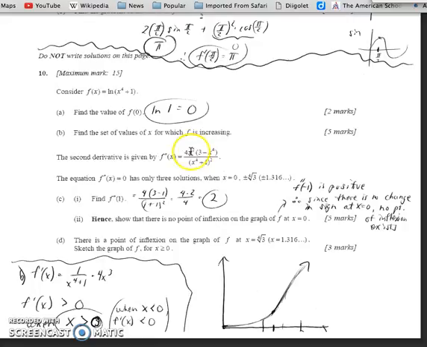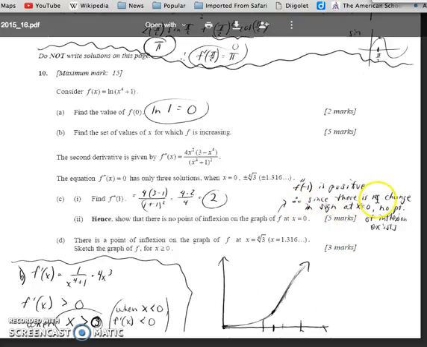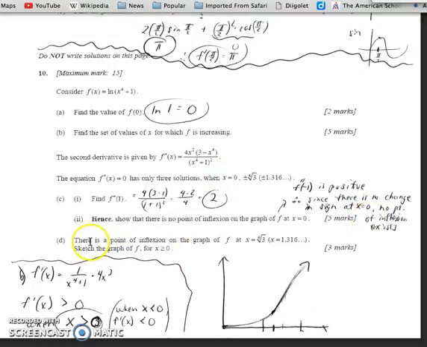That's going to be a positive number. I'm squaring that, so it's going to be a positive number. So all of this is positive. Therefore, since there's no sign change at x equals 0, there's no point of inflection. There is a point of inflection on the graph at x equals 1.316.